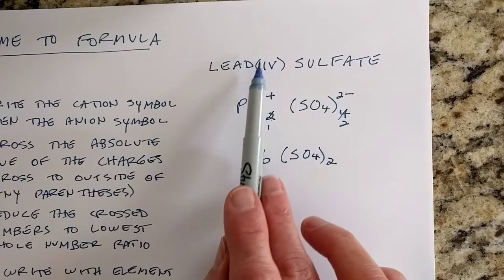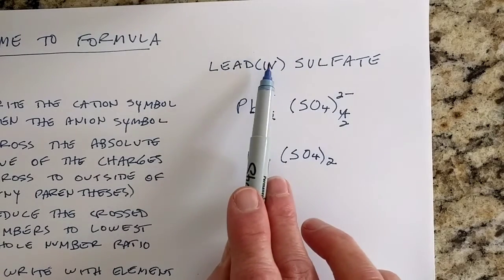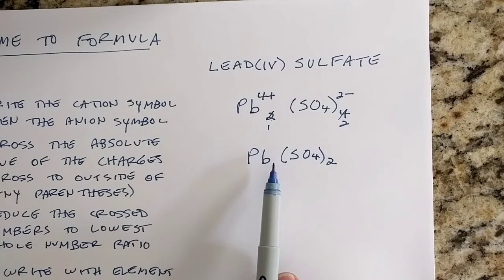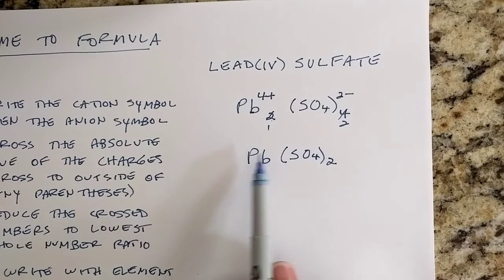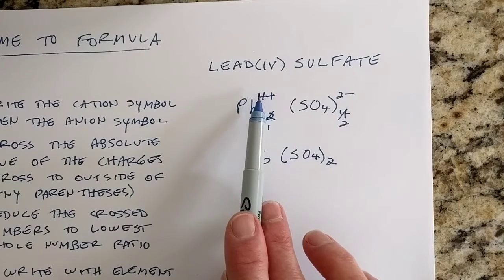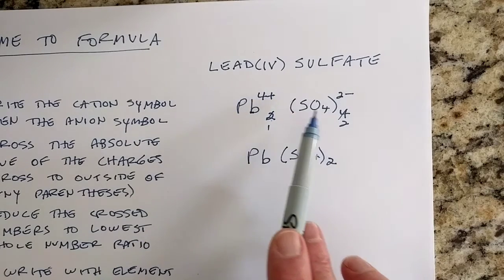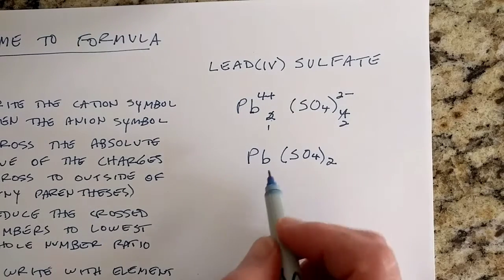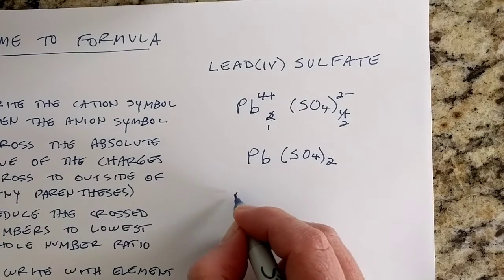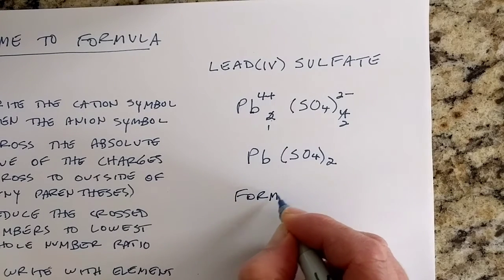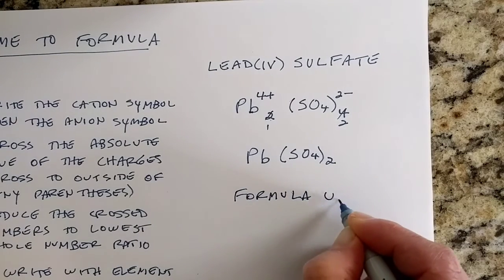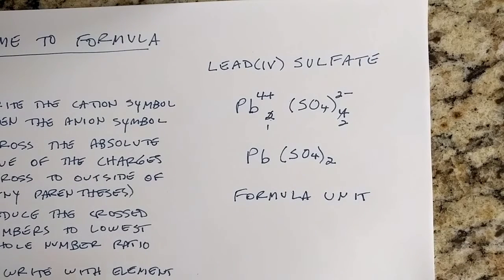So notice that this 4 that's after the lead in the name is not the subscript in the formula. The 4 is used as the charge, and that gets crossed. So this is the formula unit. It represents the formula unit for the compound.